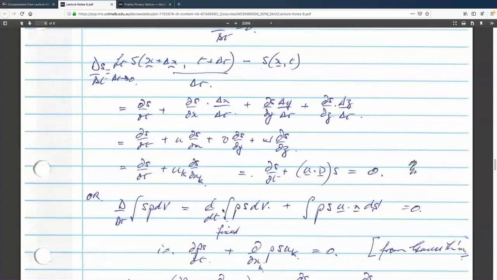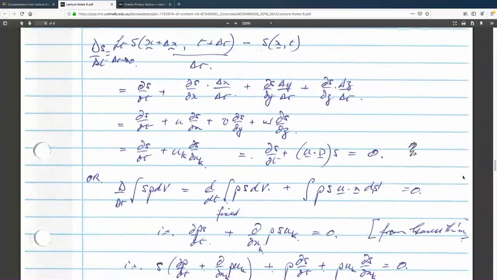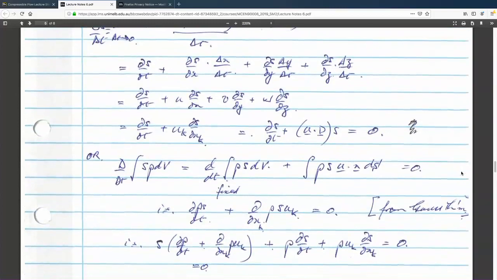So from Gauss's theorem, because the volume is arbitrary, then I automatically can take this d/dt inside and it becomes a partial derivative, and I have d/dt of rho s plus d/dxk of rho s uk equals 0. But that's not the same thing as I just wrote down. Or is it? It is the same because I can now expand this out.